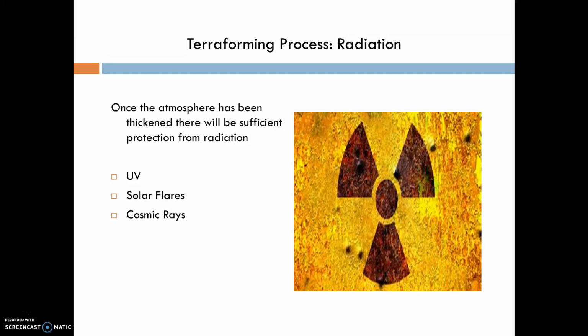So, once the atmosphere has been thickened, we will have at least, even if it's a little bit, protection from radiation. Let's say like UV rays, solar flares, and cosmic rays.